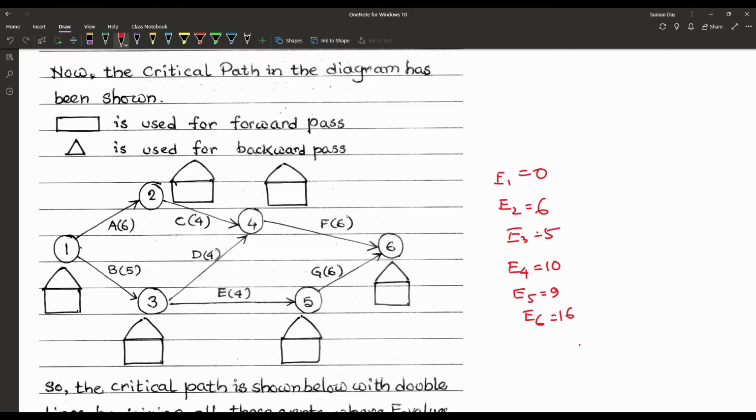We are writing once again, from L6 to L1 also. That is L3, L2, L1.